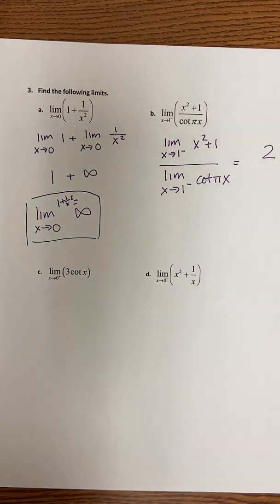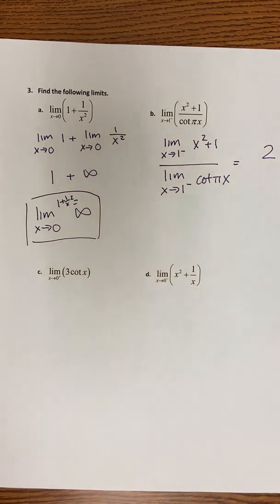What about the cotangent of pi x when x is 1? That's the cotangent of pi, which is cosine over sine. It's undefined. If I'm approaching it from the left, pi is between the second and third quadrants. It's like I'm approaching it from the second quadrant. And we know that cotangent in the second quadrant is negative.